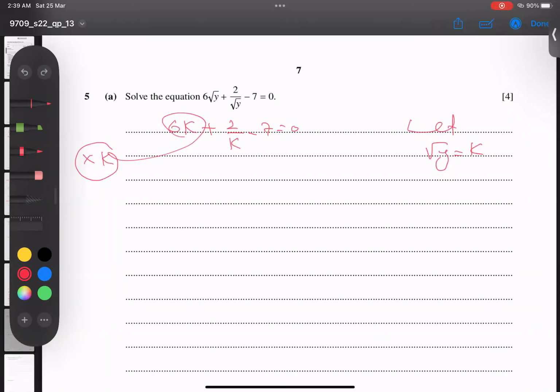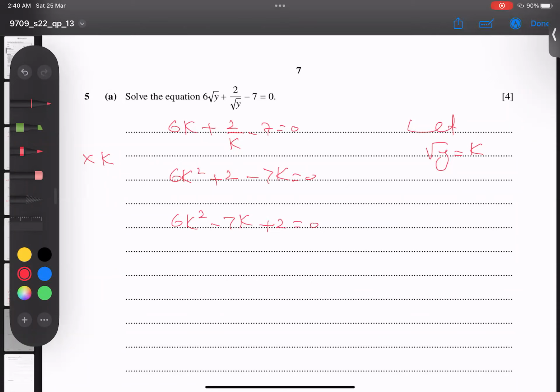This multiply k, I get 6k to power 2. This multiply with k here, k cancels, I get simply 2. And this multiply k, I get negative 7k and equals 0. Reorder: 6k square, negative 7k plus 2 equals 0.